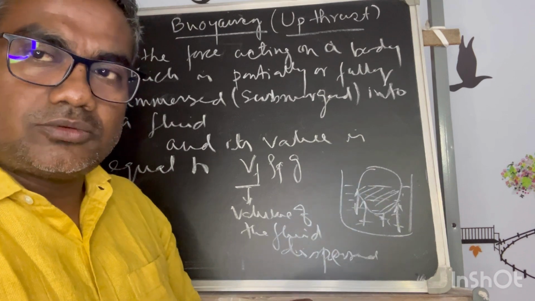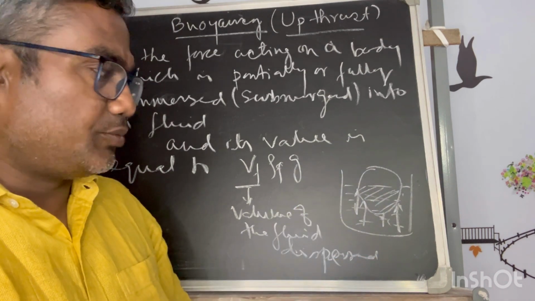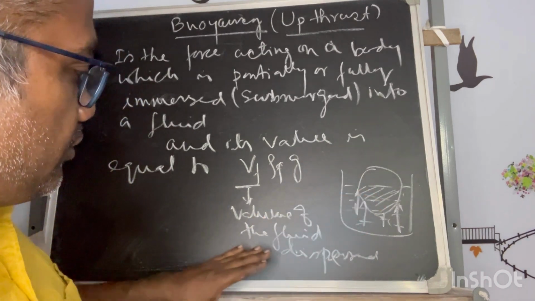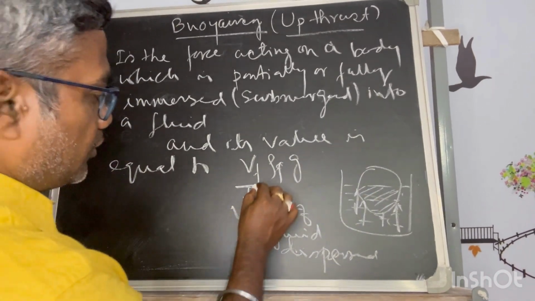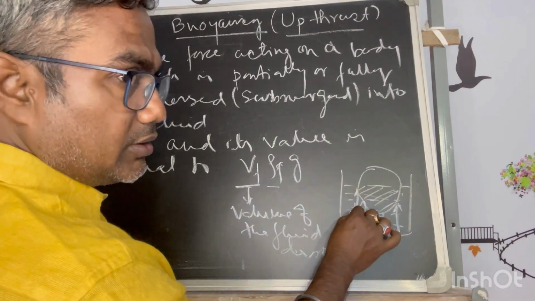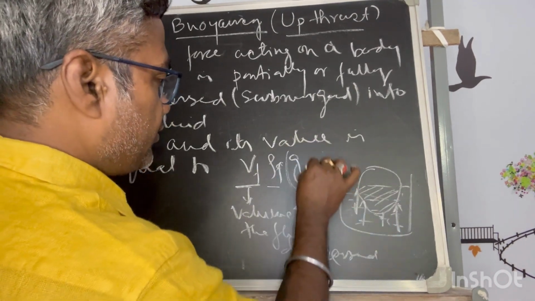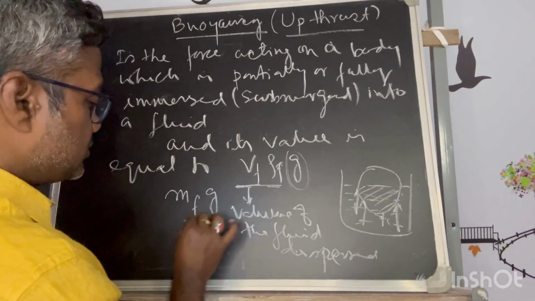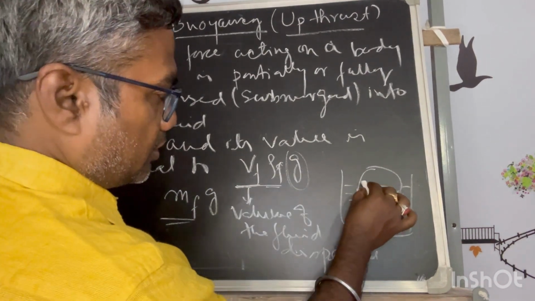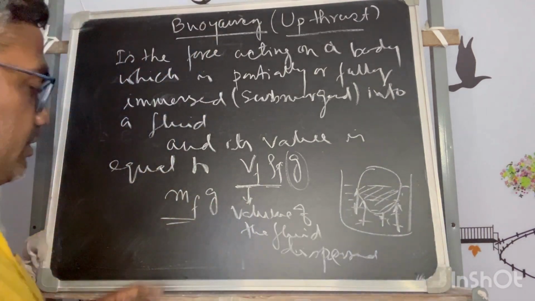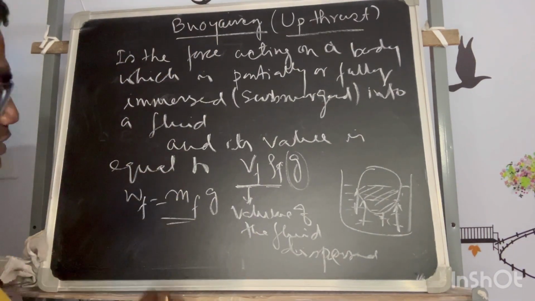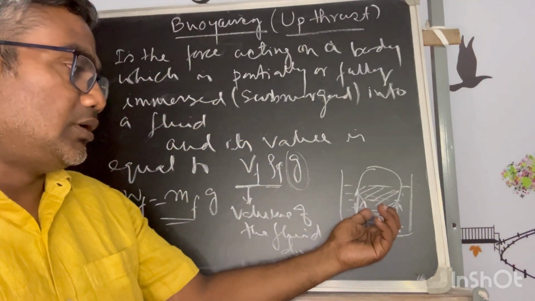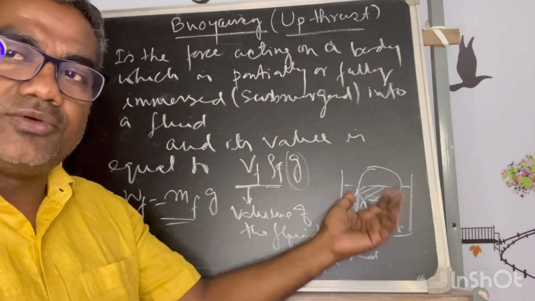In that space no fluid can exist, and that fluid will be dispersed elsewhere. So that volume into the density of the fluid where it is dipped and the gravitational acceleration G. Ultimately this is nothing but mf into G, the mass of the fluid dispersed into G, that means the weight of the fluid dispersed. So the buoyancy is equal to the weight of the fluid dispersed.